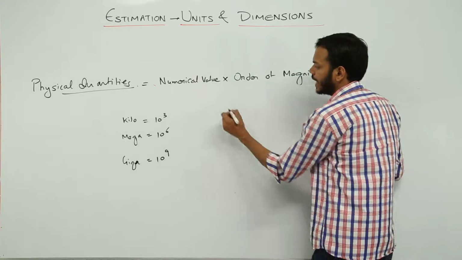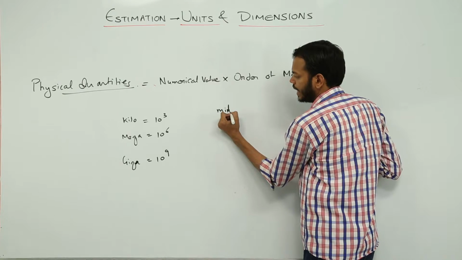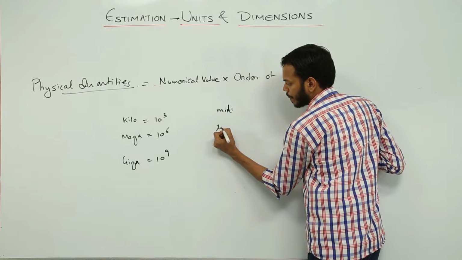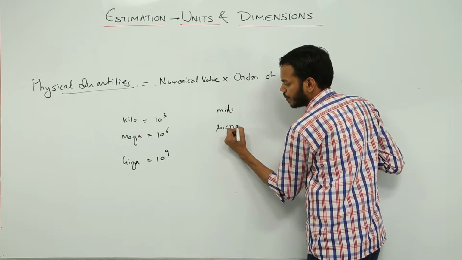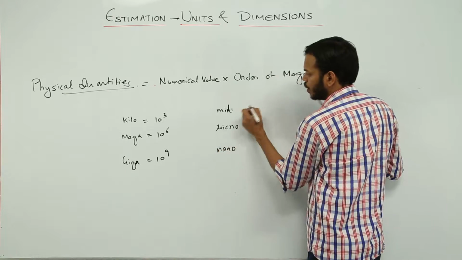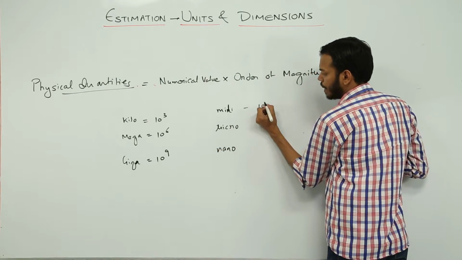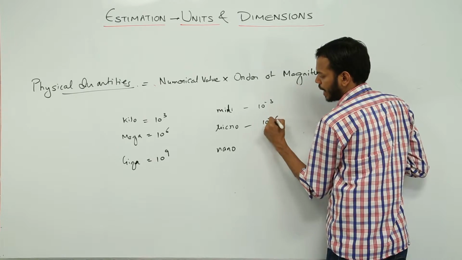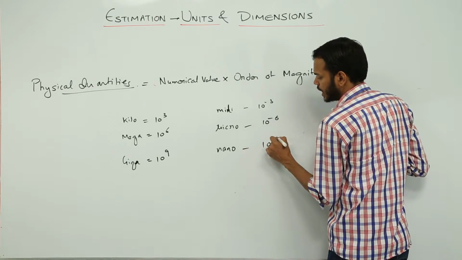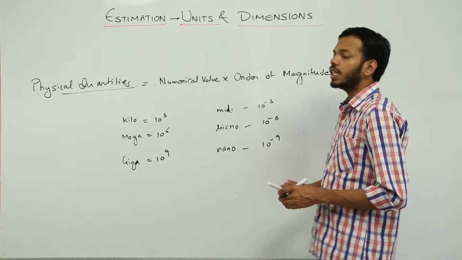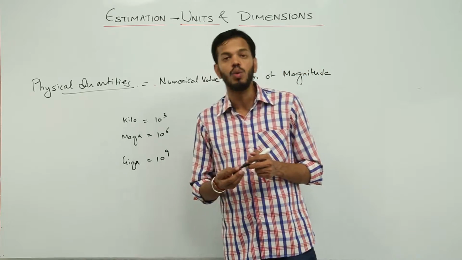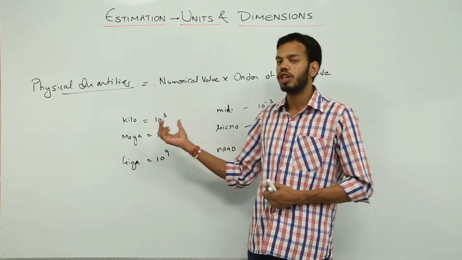Whereas if I write milli, micro, nano, milli is 10 raised to power minus 3, micro is 10 raised to power minus 6, whereas nano is 10 raised to power minus 9. So these are prefixes which we use if we have to state the order of magnitude of something.